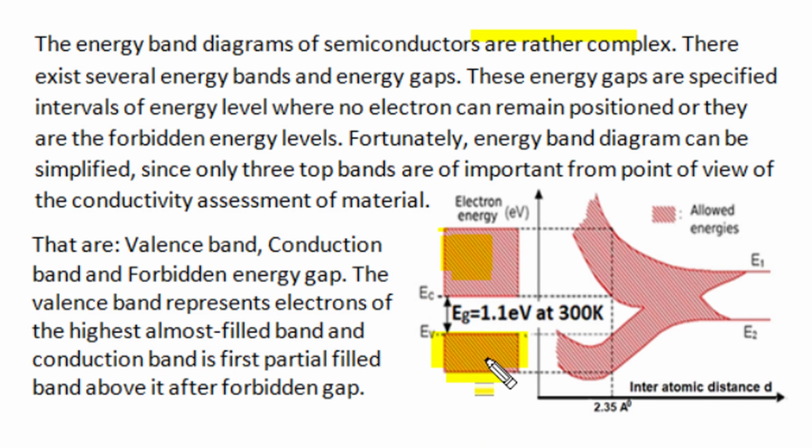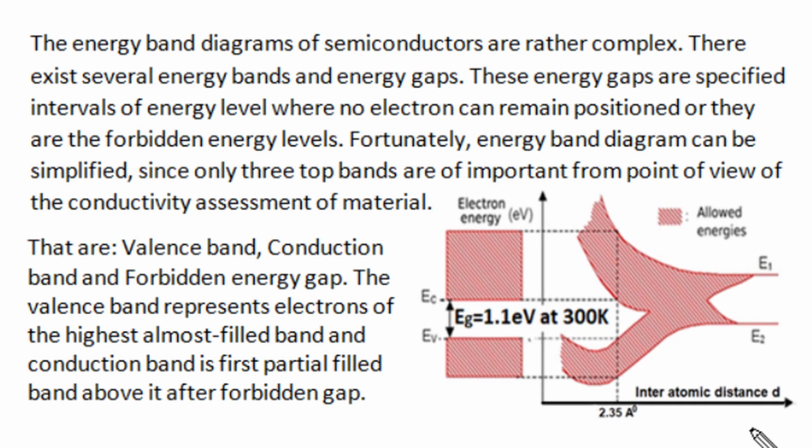So these three, valence band, conduction band and forbidden gap, are of importance from the point of view of conductivity analysis. The valence band represents the electrons of almost filled energy bands of highest energy, and the conduction band is the first partially filled band above this valence band after this forbidden gap.